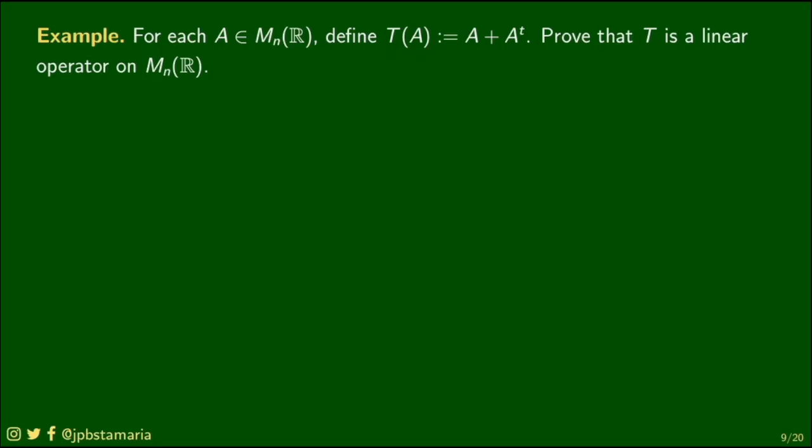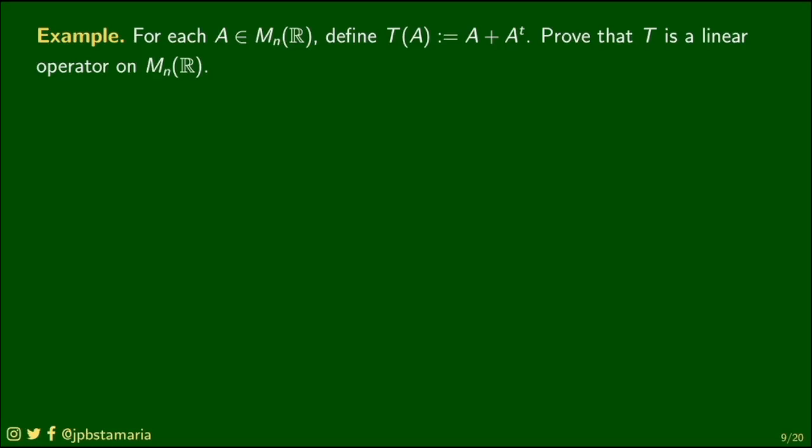We are basically adding A to its transpose. We will prove that T is actually a linear operator on M_n(R). Again, a linear operator means a linear transformation from a space to itself.